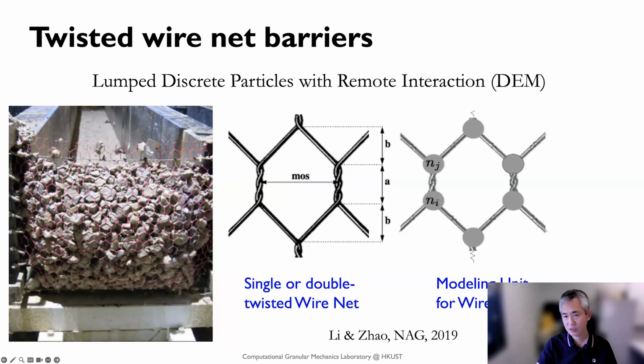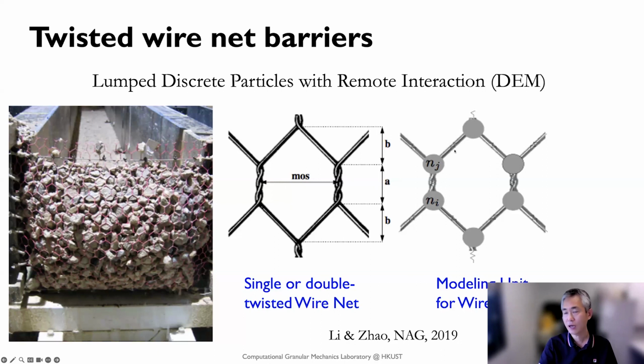In DEM, we lump all this mass into the particles as the nodes. So the nodes will carry all the weight, and the bar will not carry weight, but it has a certain strength. The node particles will connect by these bars using so-called remote interactions.